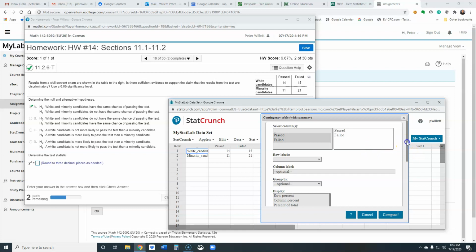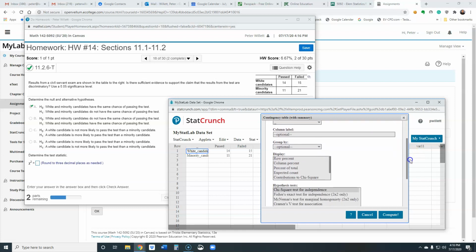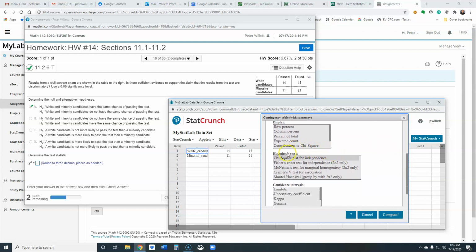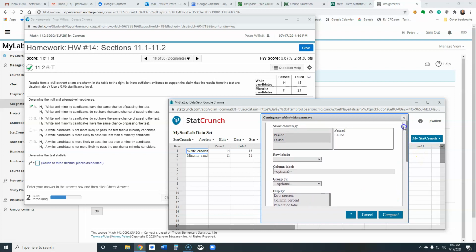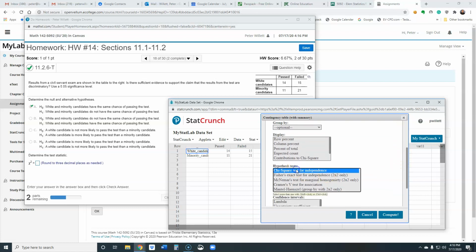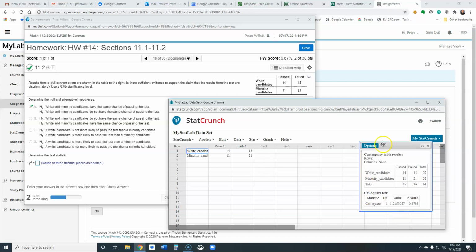Further down, we can pick different things to display, but we'll leave that as the default. What we want for a hypothesis test is the chi-squared test for independence, because we're testing to see if the variables are independent or not. So I selected the columns that have the data in them, the labels were in the column under the underscore, and then I selected chi-squared test for independence, and I hit compute.